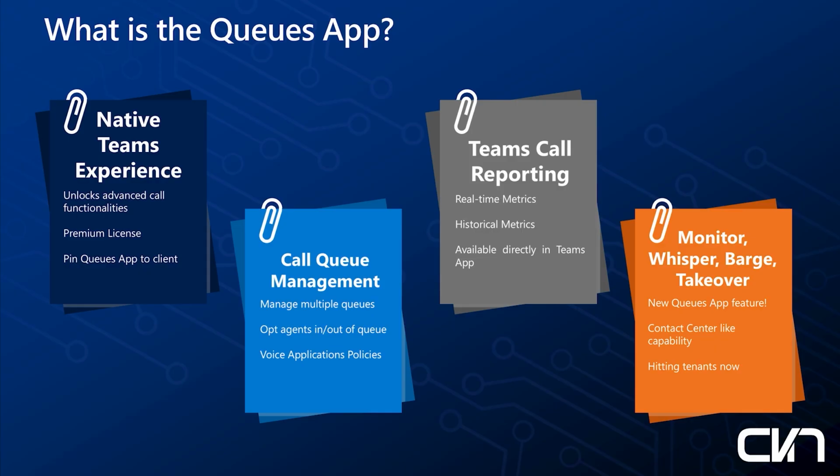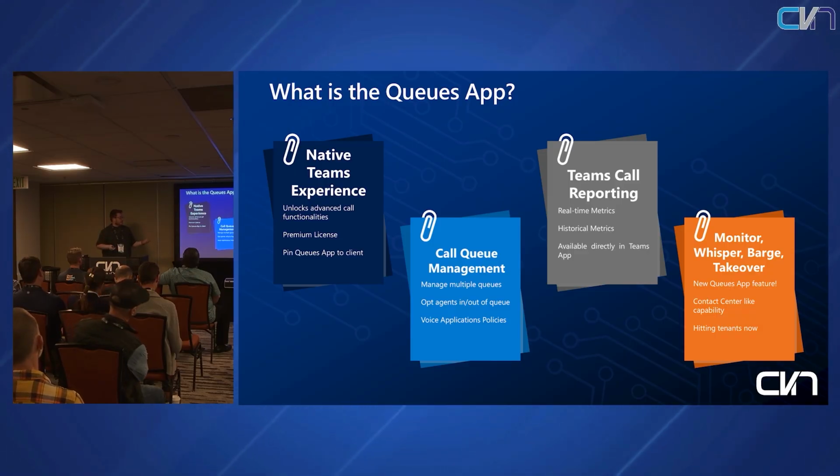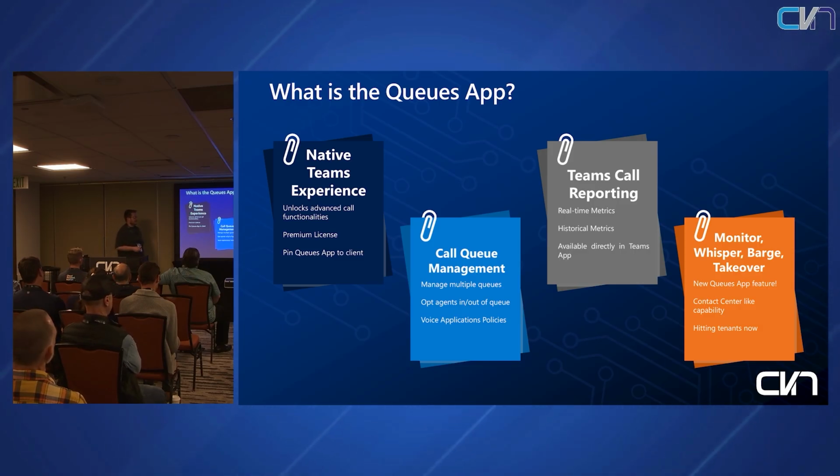But effectively, the way to think about it is on the back end, it's still Teams call queues. So that functionality that you get with call queues is effectively what's powering the Qs app. But the Qs app is another interface for you to be able to manage these call queues via queue management, get some reporting, get some contact center light features, which is a saying that I hate, but I'll end up saying it loads during this talk.